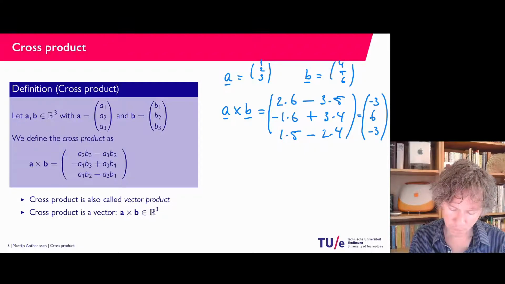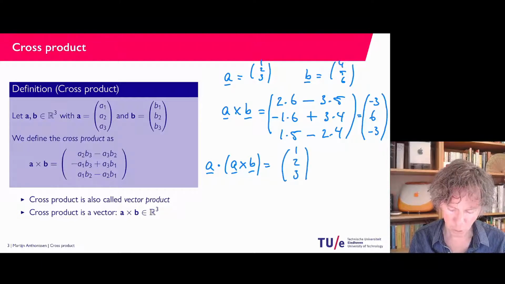What I'm going to do is I'm going to compute a dot product with a cross B. So the A vector is 1, 2, 3, and I'm going to compute the dot product that we have seen in the previous video with minus 3, 6, minus 3.